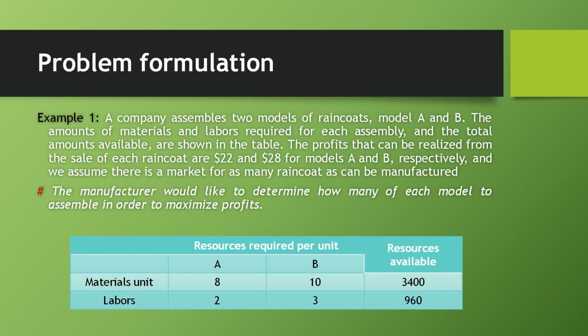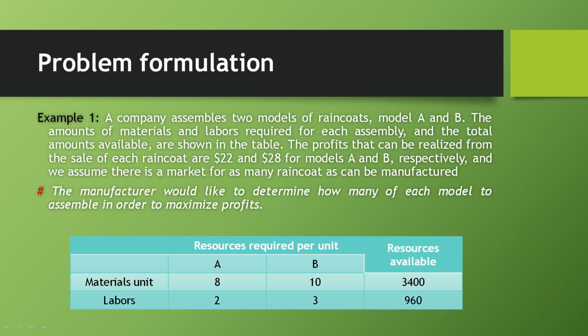Now let us learn how to formulate the problem. Our example is given here. First we will read this question and try to understand what we have to do. Then we will formulate the problem. A company assembles 2 models of raincoats, model A and model B. The amounts of material and labor required for each assembly, and the total amounts available, are shown in the table.